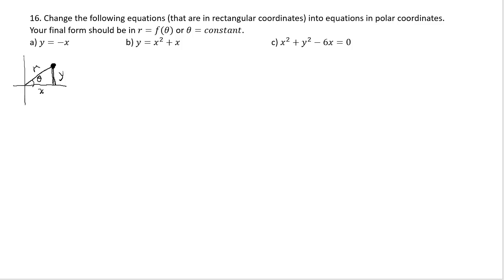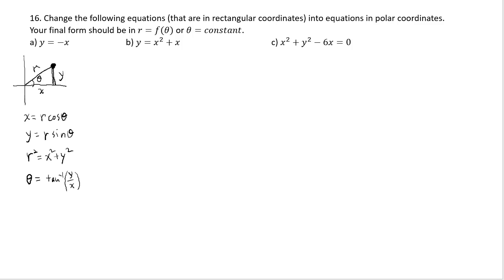Now from here you can easily see that x must be r cosine theta, and y must be r sine theta. And also the Pythagorean theorem says that r squared is x squared plus y squared. And then finally, if you want the theta, you need tangent inverse of y over x, just from SOHCAHTOA. Okay?